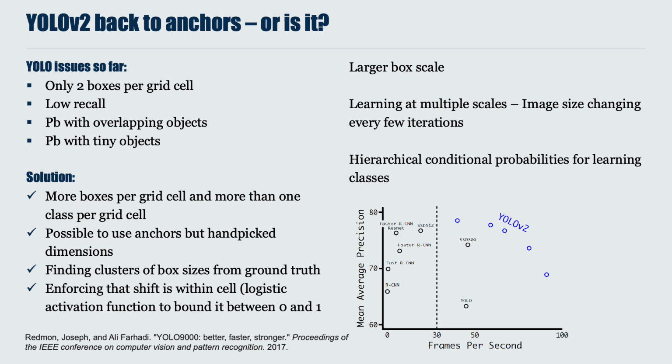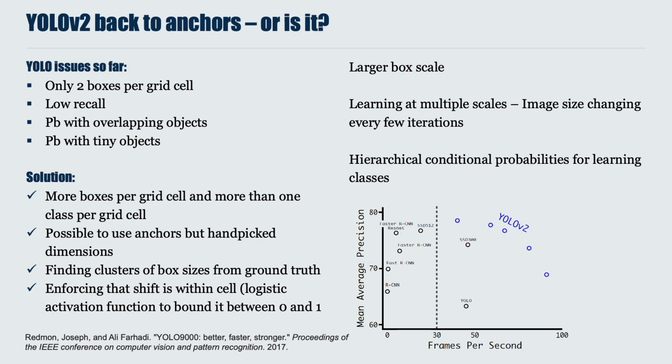So they went slightly back to the possibility of using anchors, but instead of using a predefined size anchor, they really handpicked the dimensions that the anchors should have based on the features of their objects and the ground truth that they had.